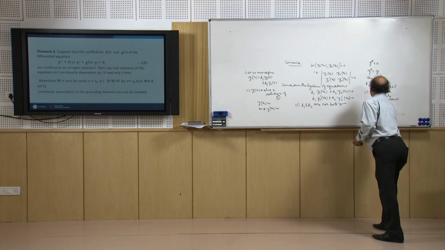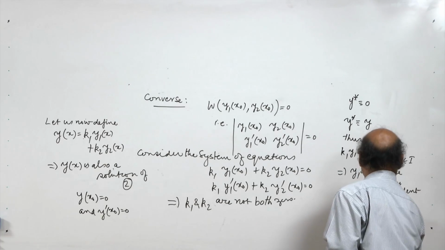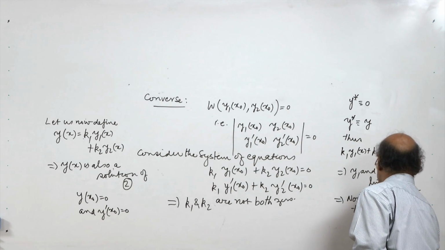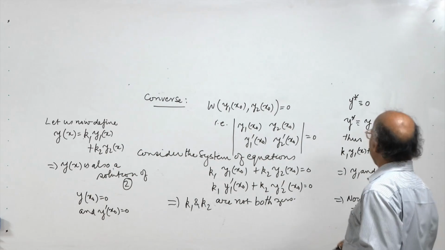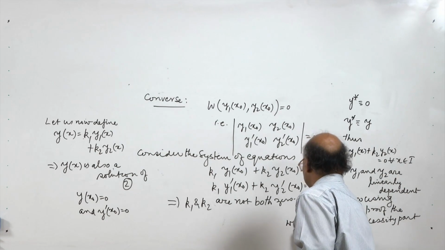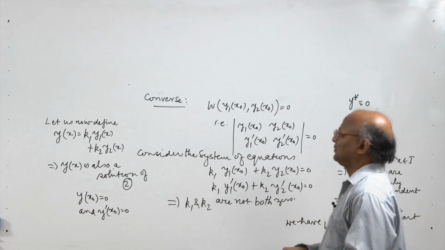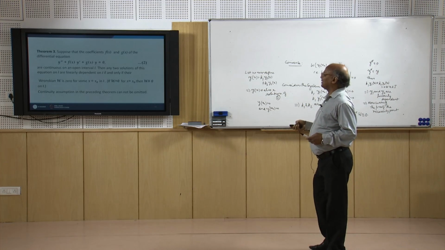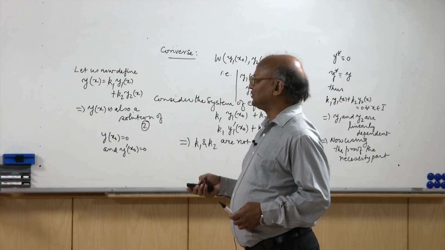Now using the proof of the necessity part, we have W is identically 0 on I. So this theorem tells us that whenever two solutions of equation 2 are linearly dependent then W is identically 0 on I.